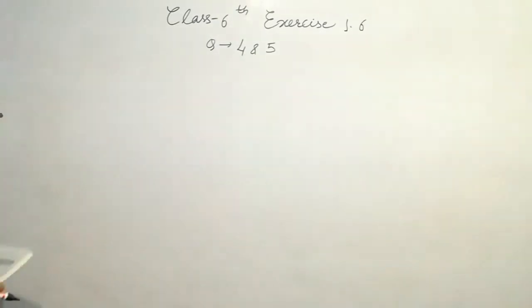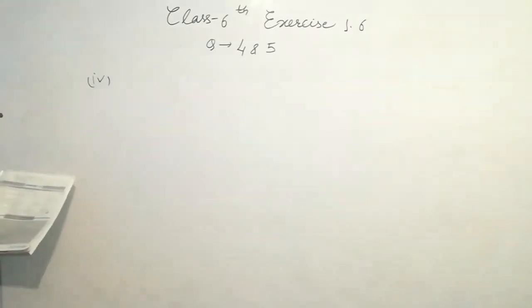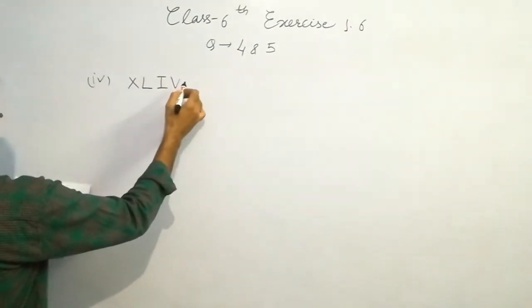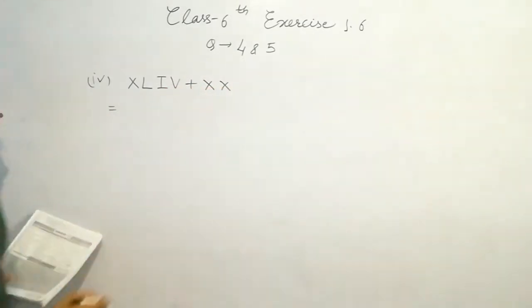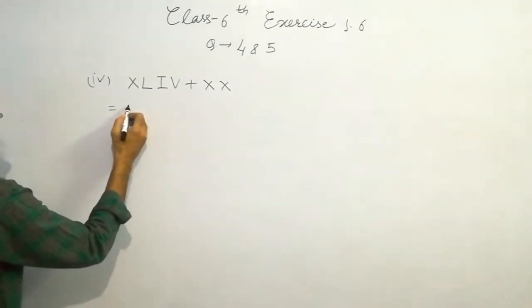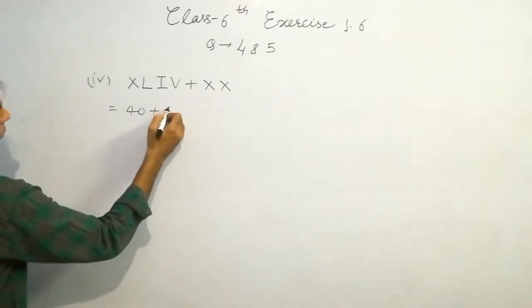Next question is fourth. It is XLIV plus XX. Now solve this. So it is 50 minus 10. Okay, so it is 40 plus this is 4.